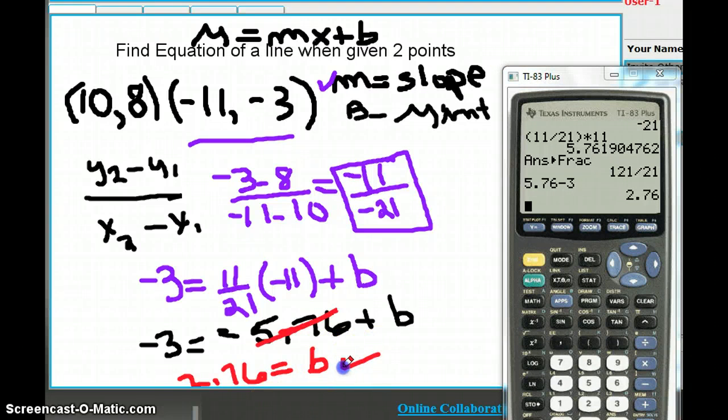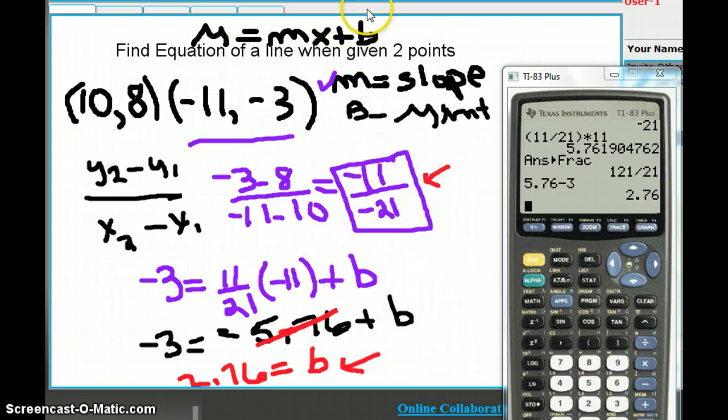Okay, now the final answer: since we have our b, which is 2.76, we have our slope, which is right here, negative 11 over negative 21.